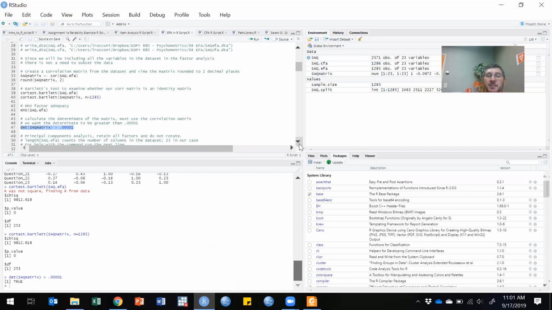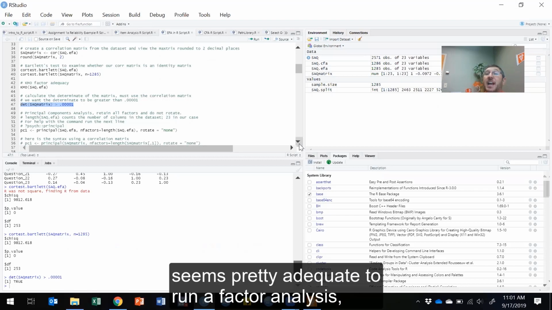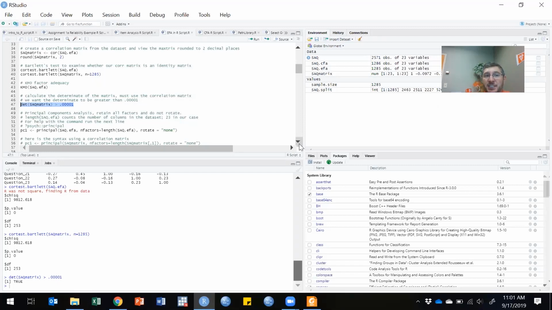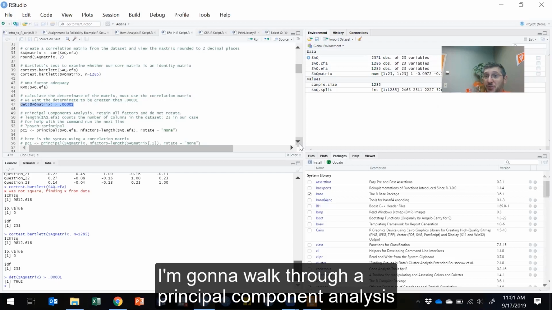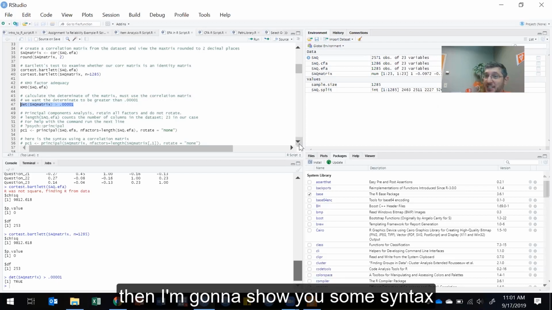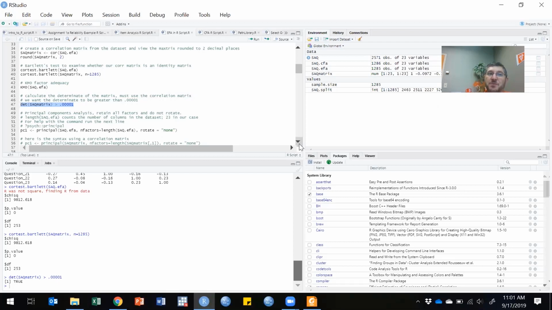So now that we've determined that our data set seems pretty adequate to run a factor analysis, we're going to start by running a principal component analysis. I'm going to walk through a principal component analysis, then I'm going to show you some syntax for running a factor analysis as well.